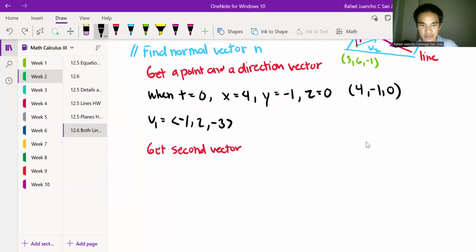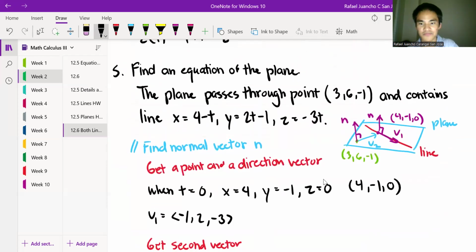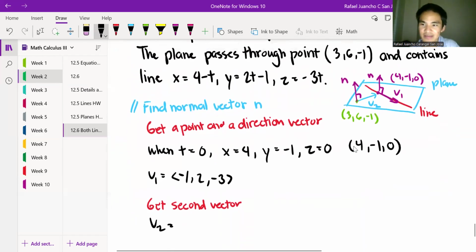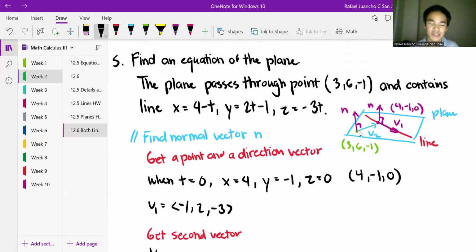So we want to get that point. So V2 is going to be the distance of this purple point from this green point. That's it. They're changing each of their components. I don't mean their distance and length. So yeah, that's how we want to get that.